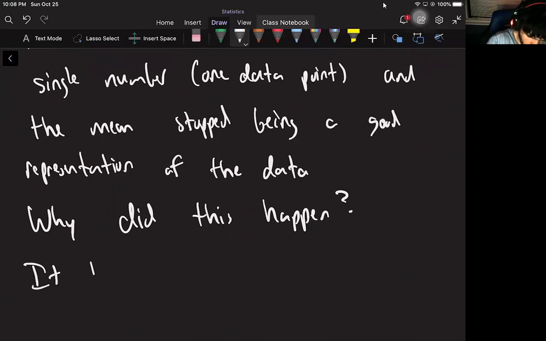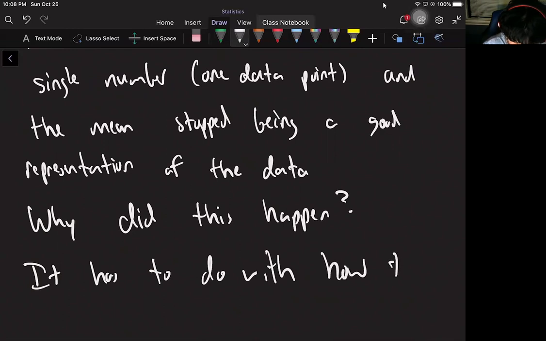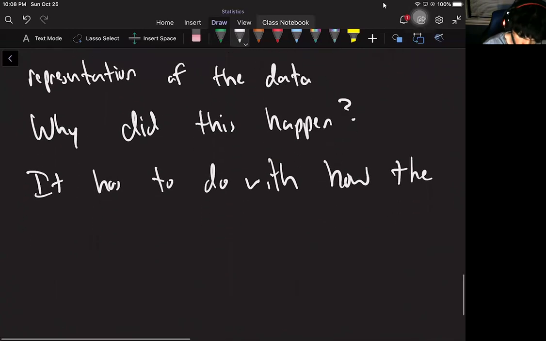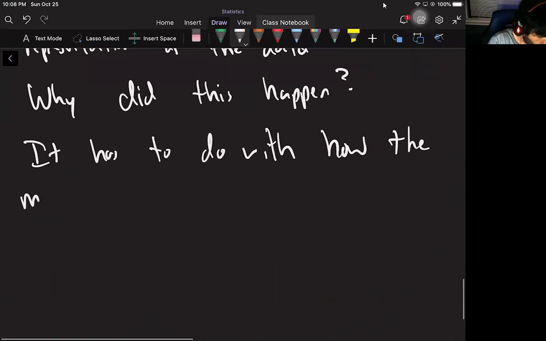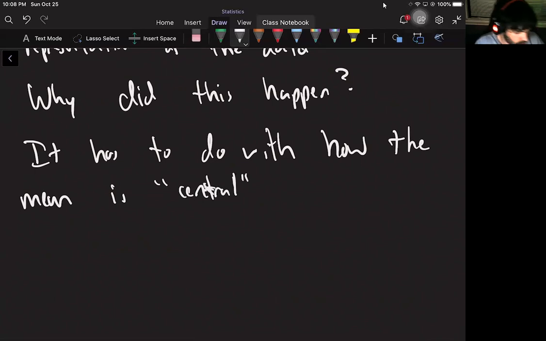Okay, so it has to do with how the mean is central, to go back to the title of this lecture, central. So the way in which the mean is central is what's causing this.